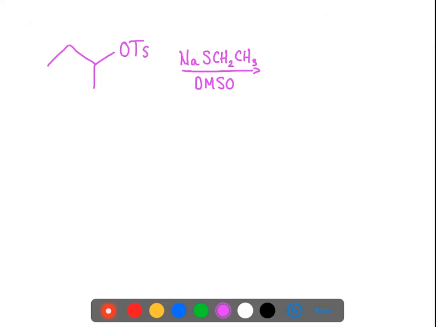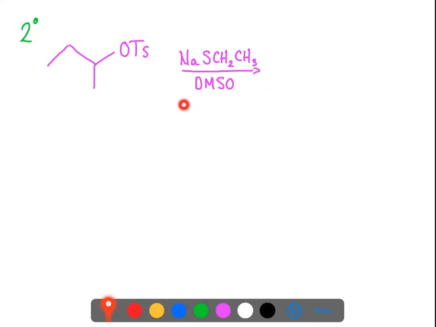In this example, let's use the same pseudohalide, but let's change the nature of the reagent. So we still have a secondary pseudohalide, but now we have a species which doesn't act as a strong base, but only as a strong nucleophile.